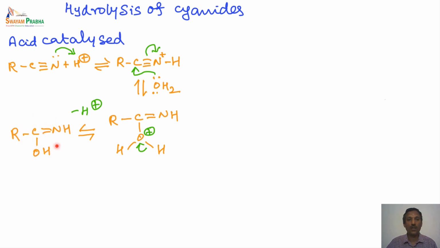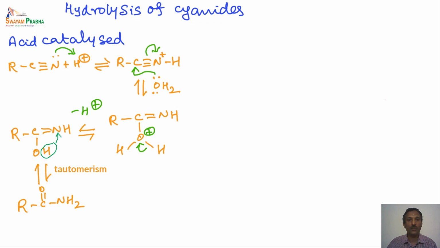This intermediate is quite unstable, so it undergoes tautomerization, because if you look at these two structures, there is a hydrogen on the oxygen, and a nitrogen having one hydrogen, but in the final product the oxygen does not have a hydrogen and the nitrogen has two hydrogens. So what actually happens is that one of these hydrogens gets transferred to the nitrogen.